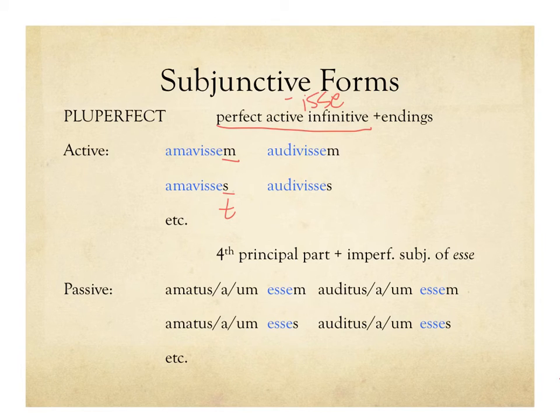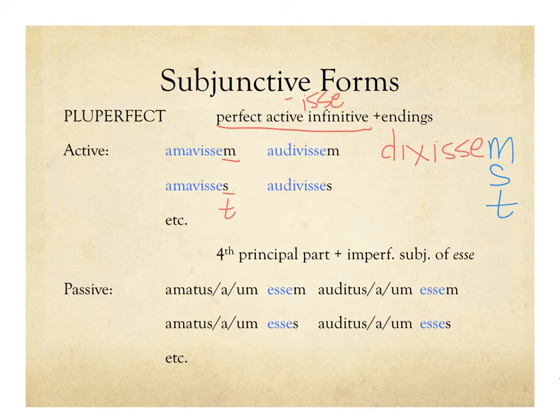Audivissem, audivisses, audivisset. If we use dico, right, it's dixisse, and so it would be dixissem, dixisses, dixisset, right? So it is completely, completely regular.